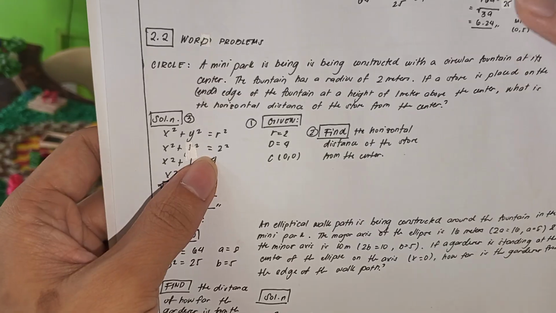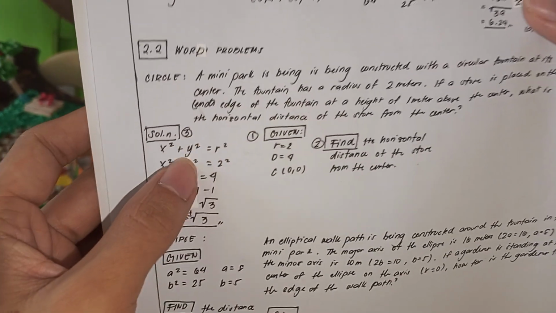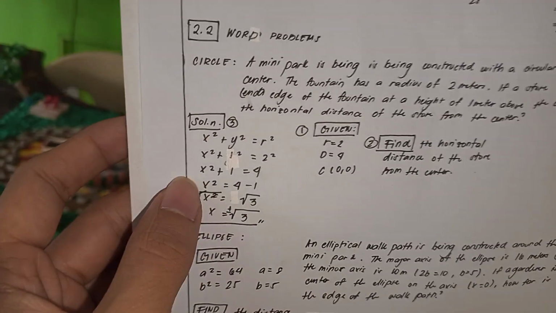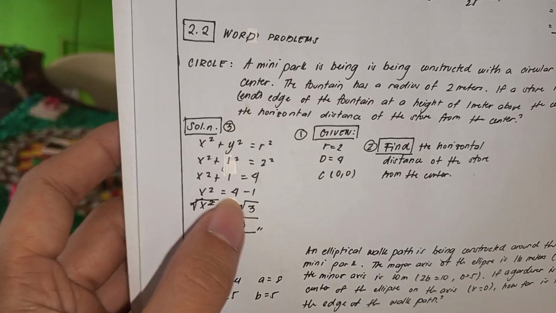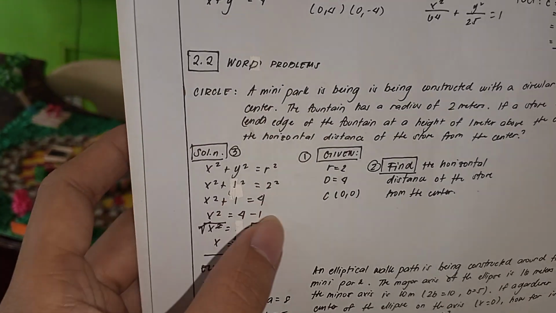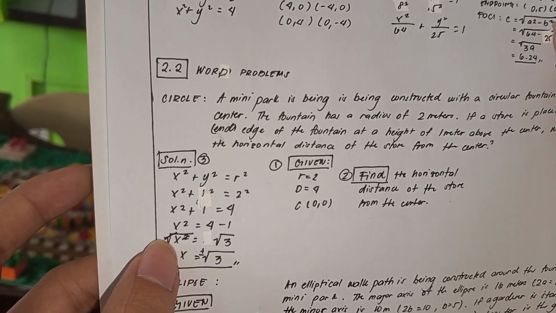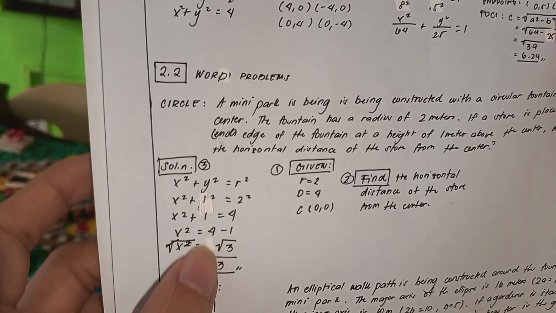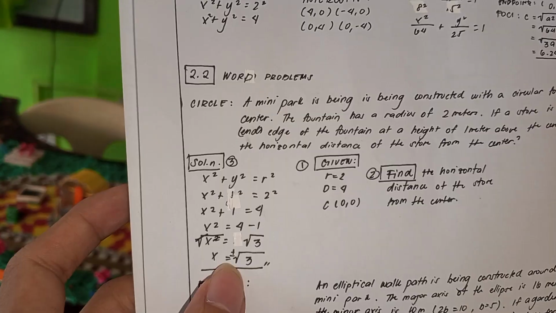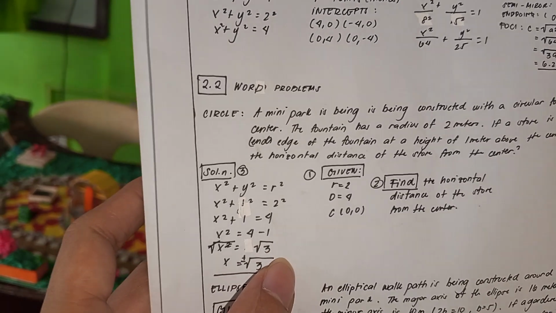Above means vertically, so it will be substituted in the y. So we get y squared equals 4 minus 1. We transpose the positive 1 and it turns into a negative 1. Then we take the square root to cancel the square in the x. So we have x equals plus or minus the square root of 3.